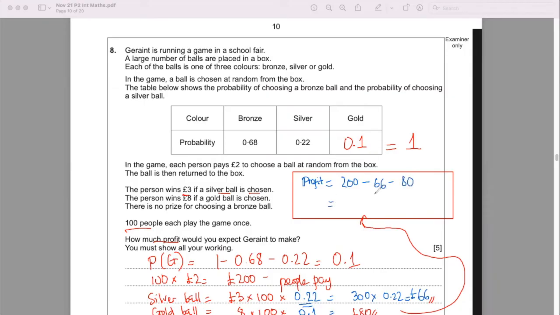Can you see that is how much they have to pay for the people who actually won, and they get paid £200. So you just take away that, and that should give you £54, and that would be the final answer. So a very nice probability question there. It's nothing hard. It's to do with a little bit of money, and also working out the probability and then expected frequency.